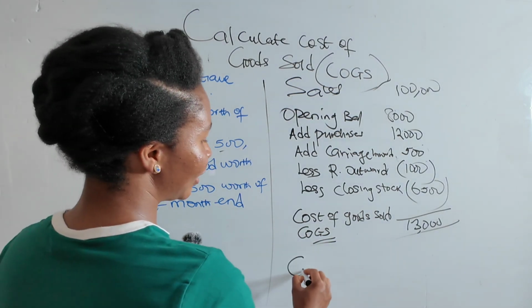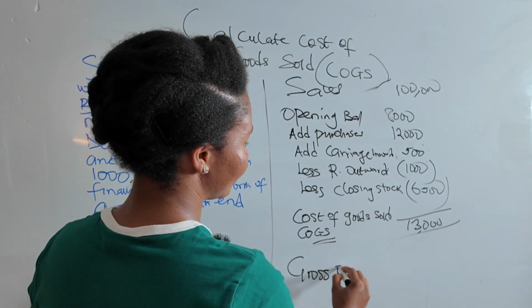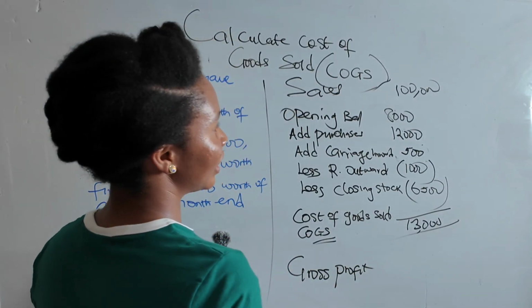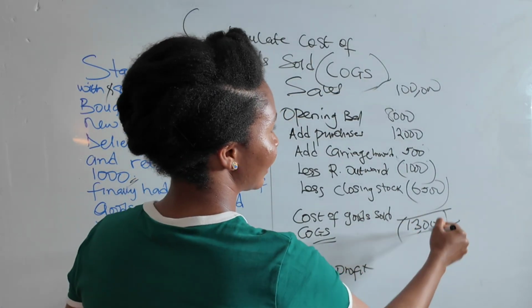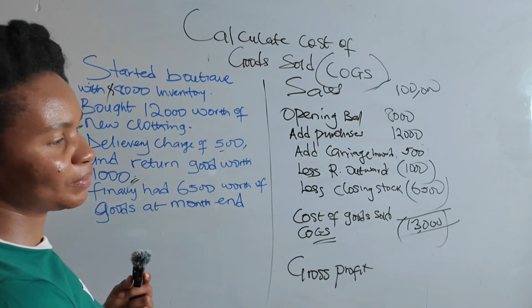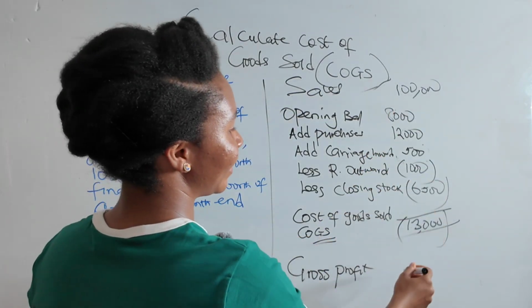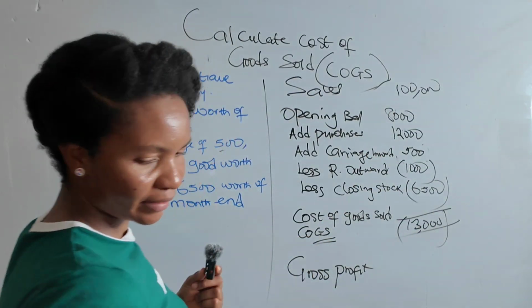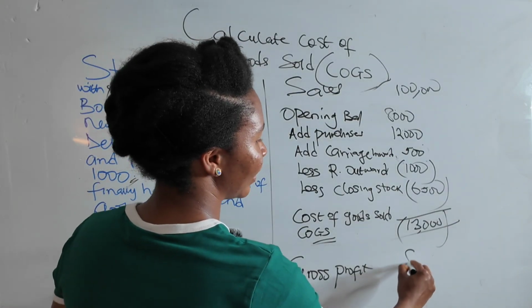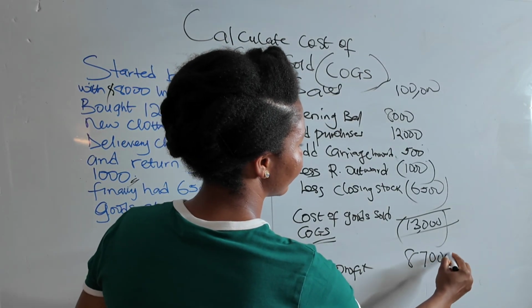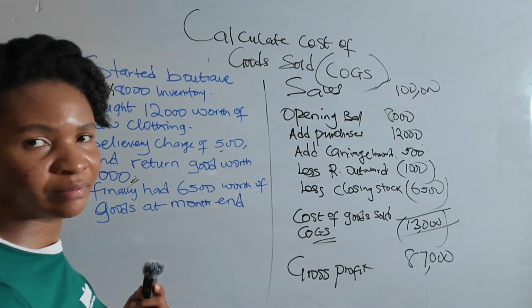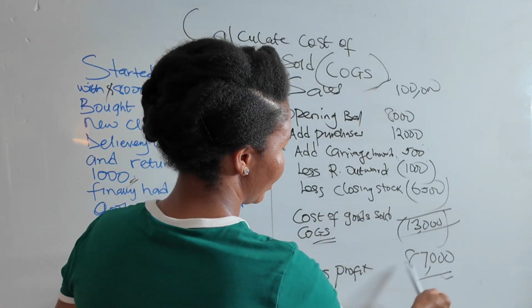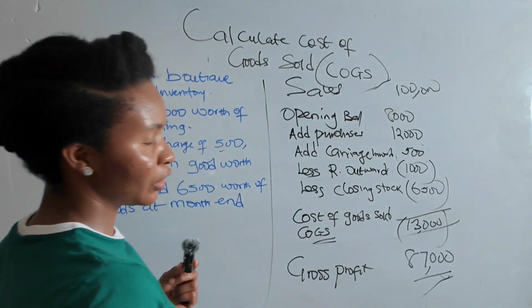In order to arrive at your gross profit, you simply deduct that from there. So 100K minus 13K will give you 87,000. This will be your gross profit.